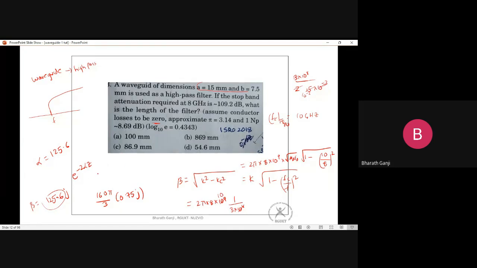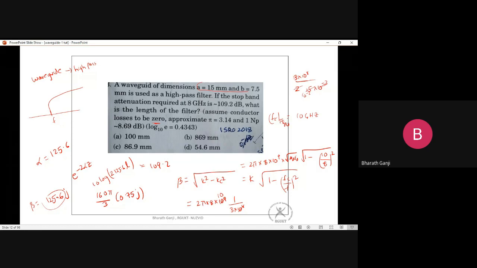So if I take 10 log of this, you get 2 alpha times some length L, and I want this to be equal to 109.2. The alpha value is given, so I have 10 log of 2 times 125.6 L, and I need the value of the length.